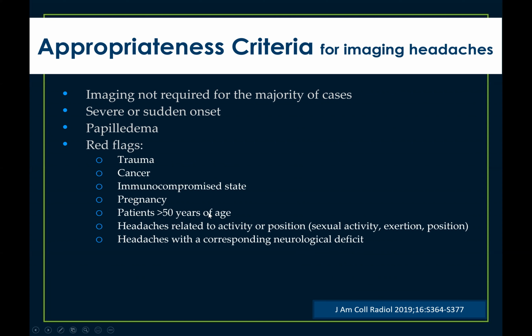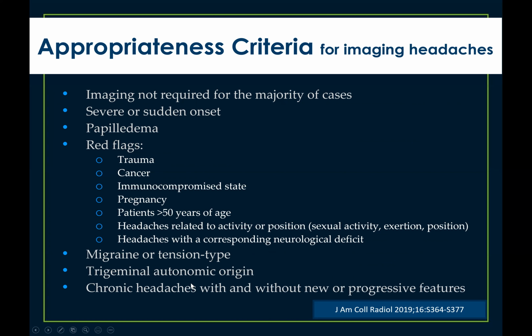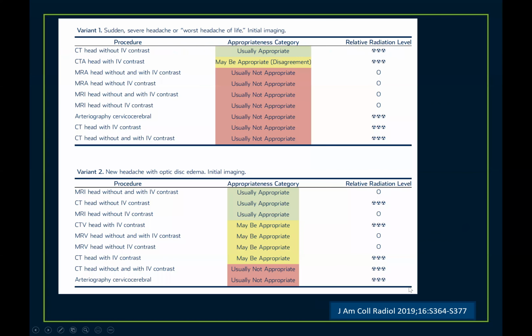The red flags are trauma, cancer, immune compromised state, pregnancy, patients older than 50, headaches related to activity or position, headaches with abnormal neurological exam, migraine or tension type headaches, trigeminal headaches, and chronic headaches with and without new or progressive features. So it looks like this.